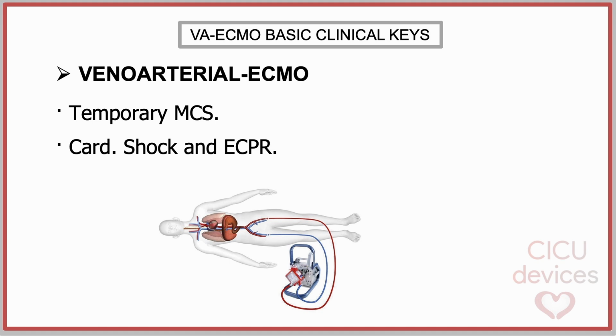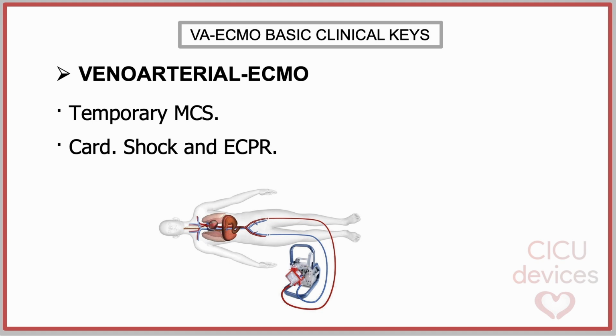Venoarterial ECMO is a form of temporary mechanical circulatory support that provides both cardiac and respiratory assistance in patients with severe cardiogenic shock or cardiac arrest when conventional therapies are insufficient. The system functions by draining deoxygenated blood from the venous circulation, passing it through an extracorporeal circuit where gas exchange occurs, and returning oxygenated blood under pressure to the arterial circulation.